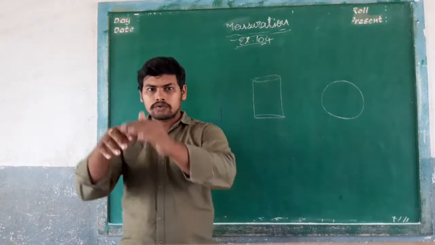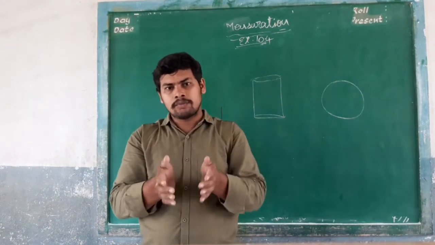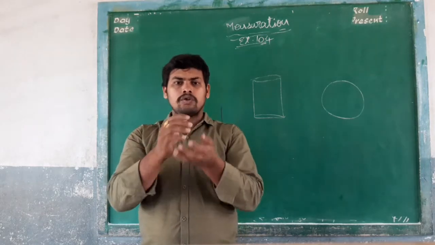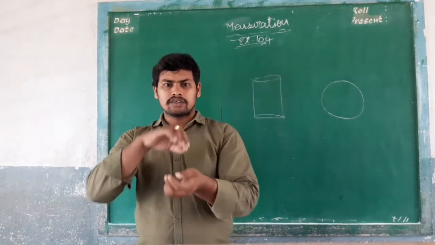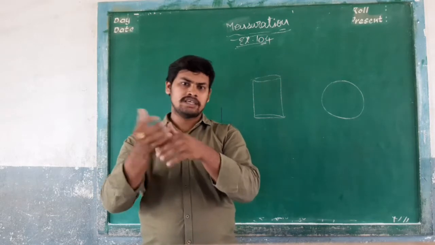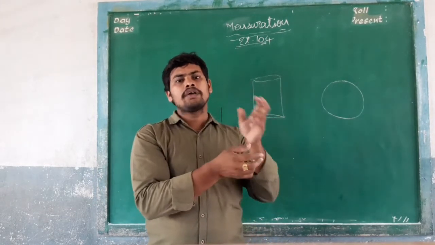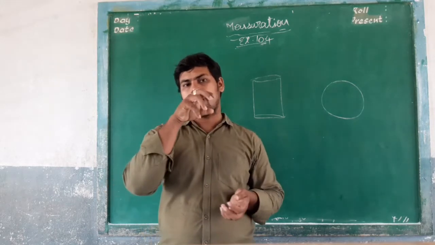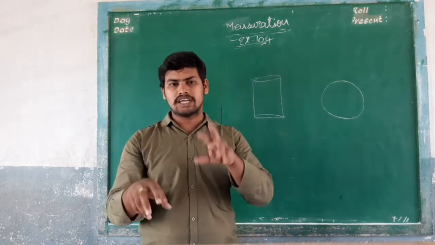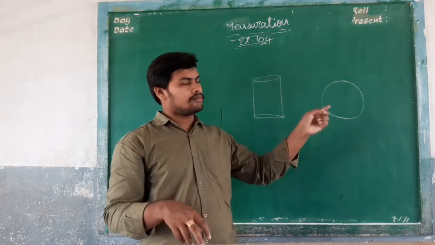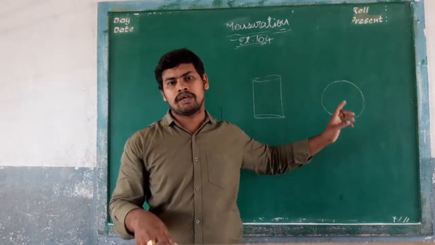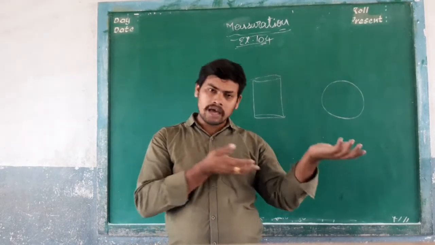Suppose you take some clay and construct a cylinder, but you don't like that cylinder. So you mix the clay and construct a sphere. How much clay you used in the cylinder is equal to how much clay you used in the sphere. So both volumes are equal.